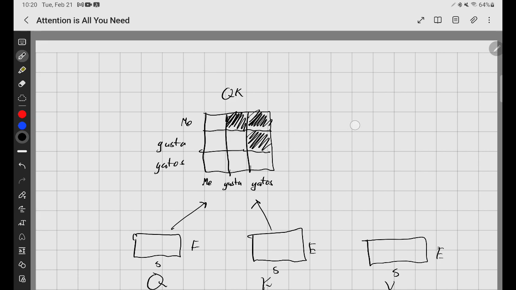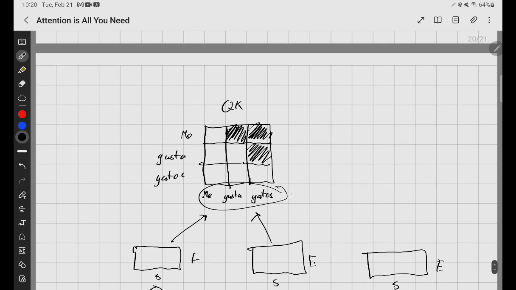The distribution is the routing distribution between these words. Notice how the distribution of me cannot possibly route information from gusta and gatos. It can only route information about itself, because it's the only part of the sequence so far. And me and gusta are the only parts of the sequence, not gatos at that point.